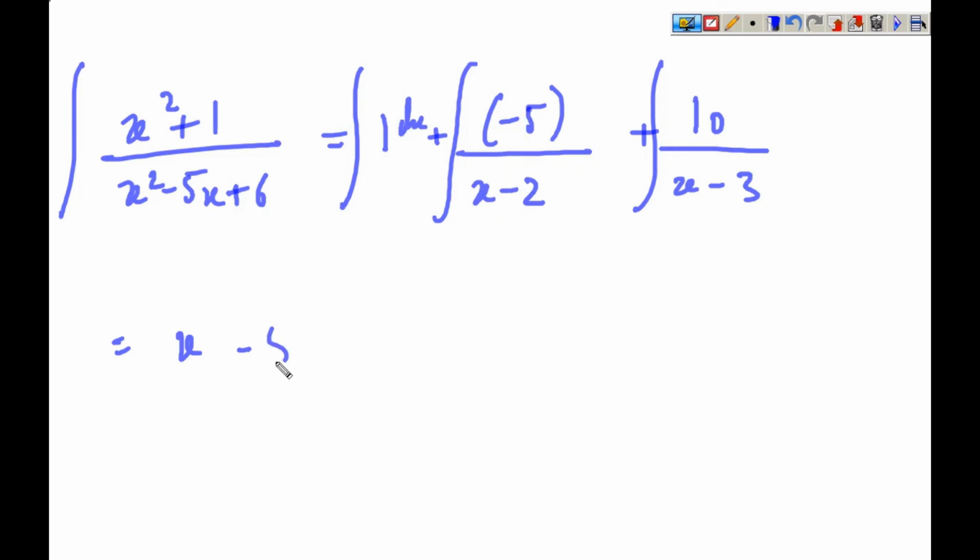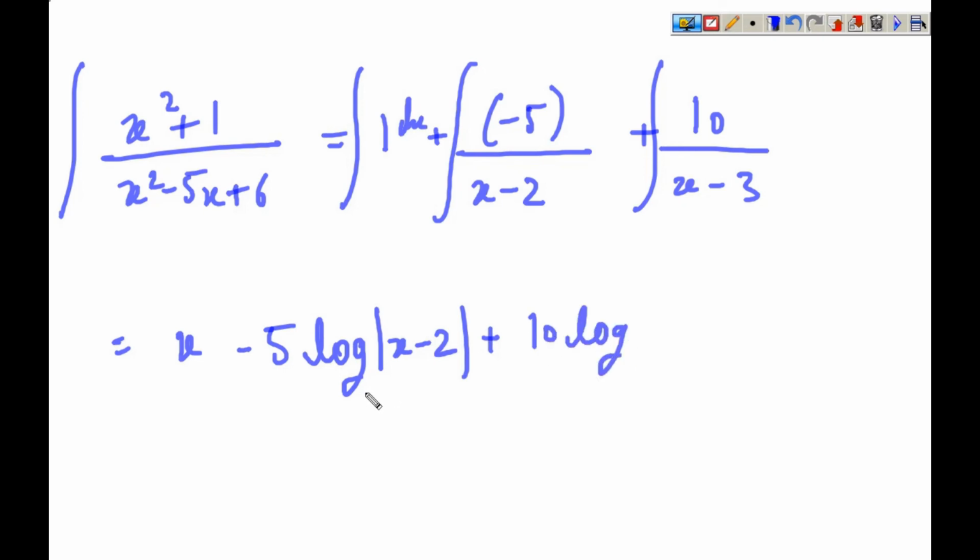We can rewrite this as minus 5 log of mod of x minus 2, then plus 10 log of, keep in mind that this is natural log to the base e, mod of x minus 3 plus c.